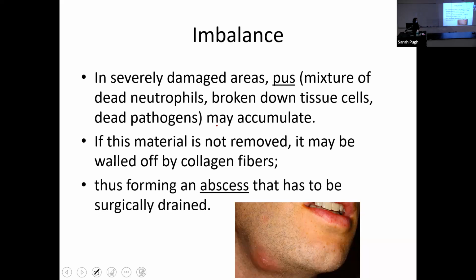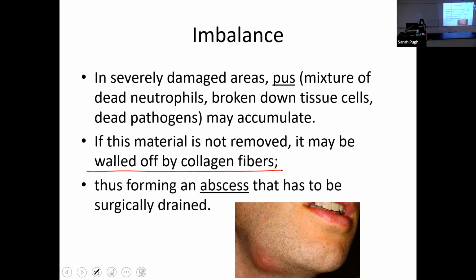A lot of times, if the pus isn't removed, if it doesn't drain out of the wound, it's going to get walled off by collagen fibers. Collagen fibers, if you remember from Anatomy 1, are stronger than steel. A piece of collagen and a piece of steel of the same diameter, collagen is 1,000 times stronger than that piece of steel. They're incredibly tough.